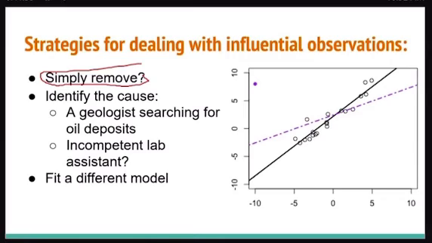And that is what I mean here. It fits a different model. We set up a different model that is robust, that can accommodate our outlier. Does that really make sense?